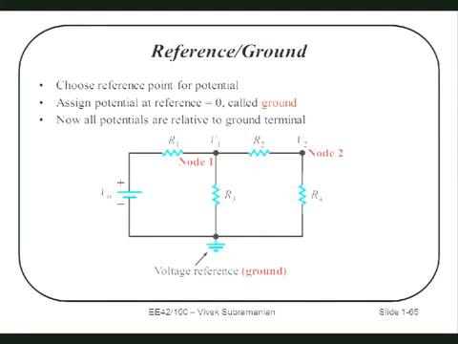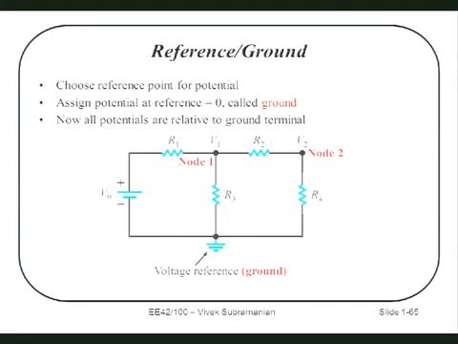That's often what we do. So we will call this point 0. That doesn't mean it is actually at ground unless we tie it to ground. If this is just a circuit sitting in plastic that's completely isolated from ground, it's not actually at ground. But it's convenient to call it ground so that all our numbers are referenced relative to 0. So we'll call it 0, and then we'll define other points.